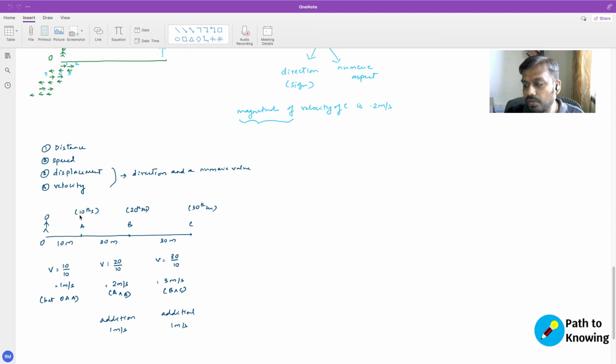So the fifth aspect is acceleration, and acceleration is defined as the rate of change of velocity.